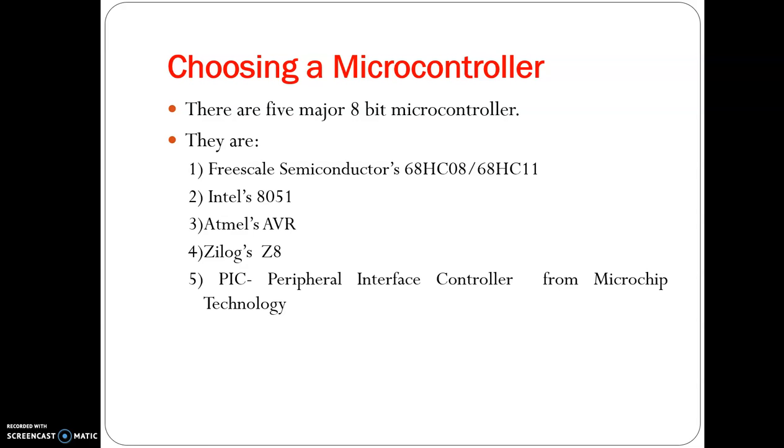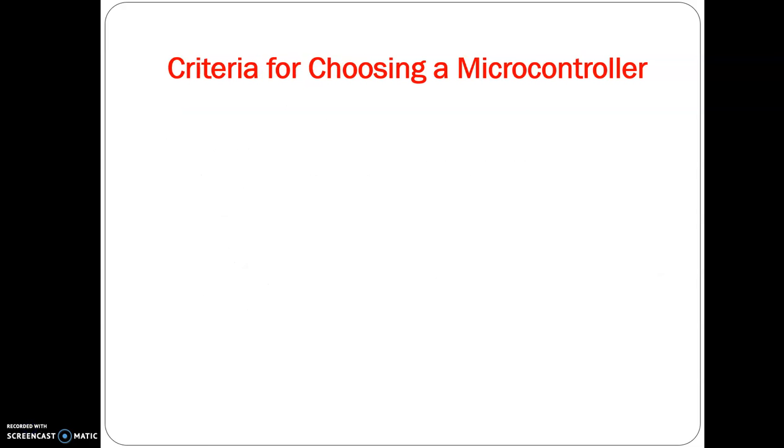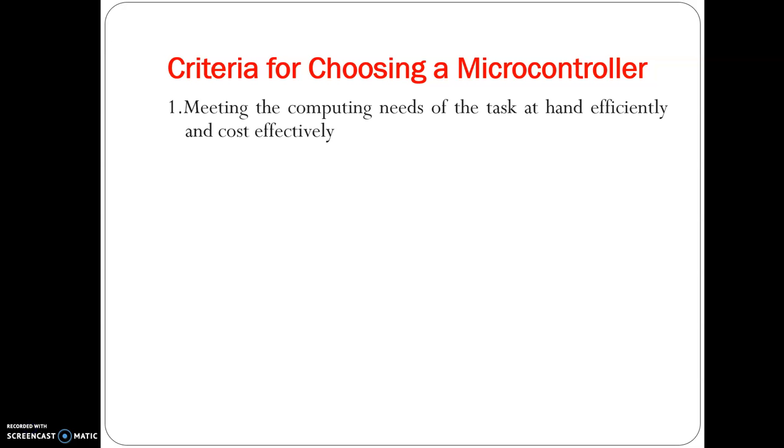So with all these different microcontrollers, what criteria does the designer consider in choosing one? Because for each application, the need of that application will be different. There are 3 major criteria for choosing the microcontroller, which we are going to see one by one. The first one is meeting the competing needs of the task at hand efficiently and cost effectively.